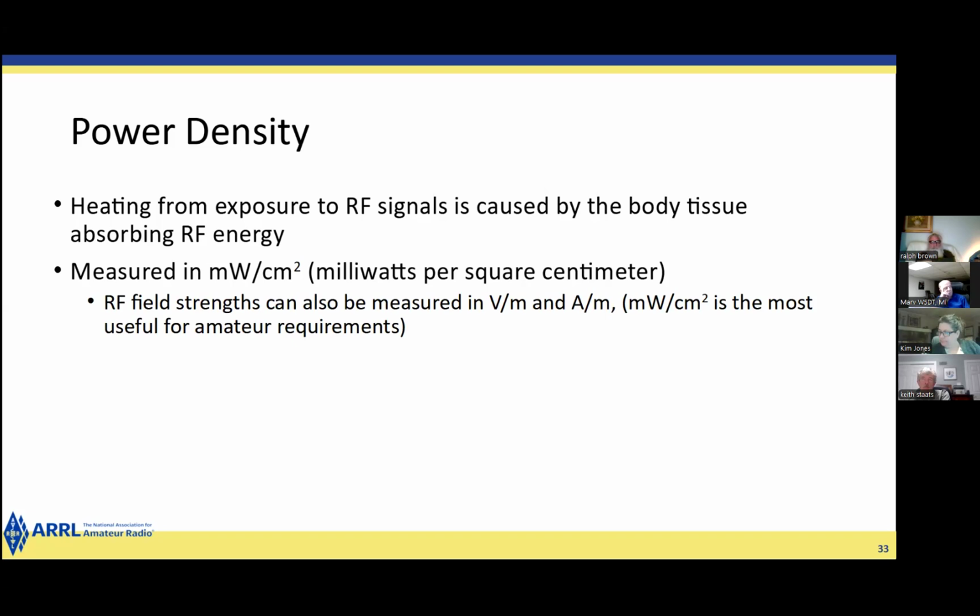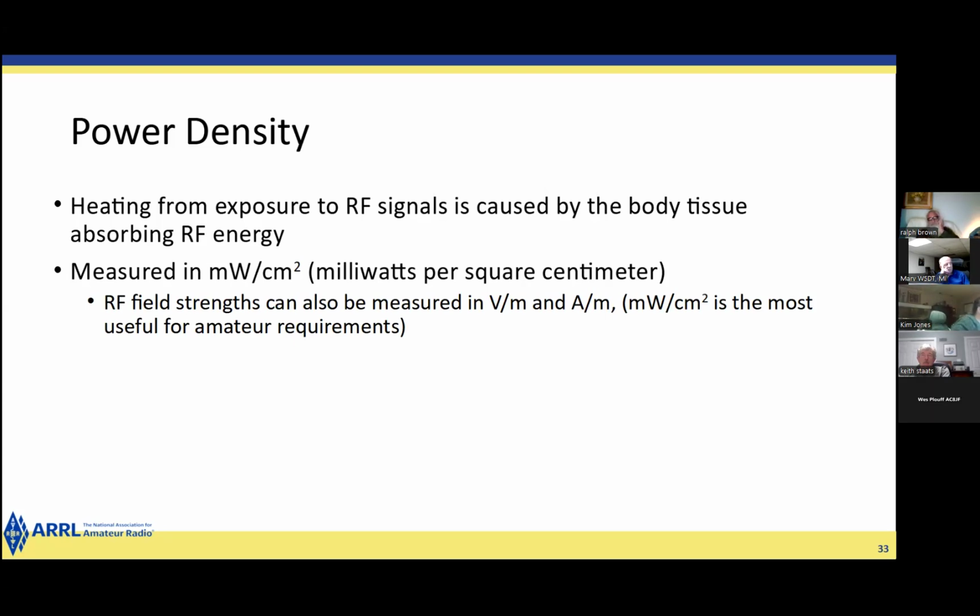It's measured in milliwatts per square centimeter. RF field strengths could also be measured in volts per meter or amps per meter. But milliwatts per square centimeter is the most useful for amateur requirements.